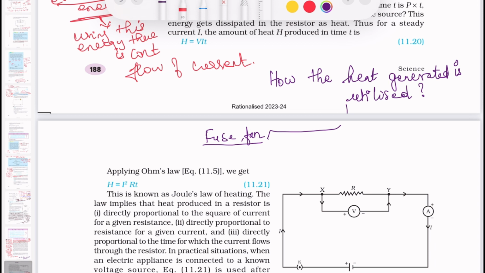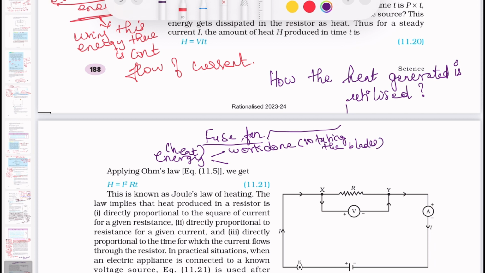In some devices, the energy is used for the work part, like rotation. So energy is used for work done. What is work done? Like rotating the blades. The remaining energy, or the heat, I am talking about heat. So some heat is used to do the work, like rotating the blades.